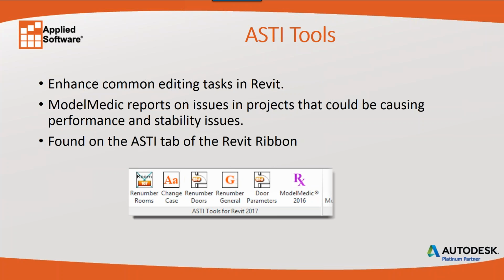They also include a product called ModelMedic, which is a way of analyzing your model for common issues, say non-best practices that can occur in a project, report on those, and also provides you some capabilities for resolving them right there in place. All of these are going to be found on the ASTI tab of the Revit ribbon once you install the tools. So when you install the ASTI tools, it'll actually create a brand new ribbon in Revit, and all of the tools will be located in that one spot.